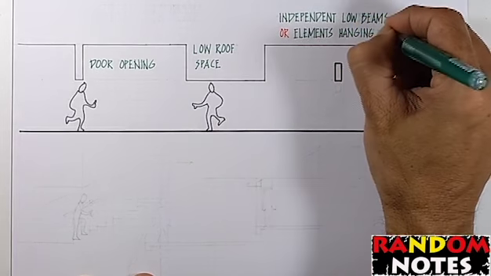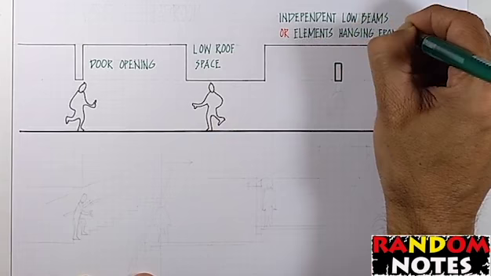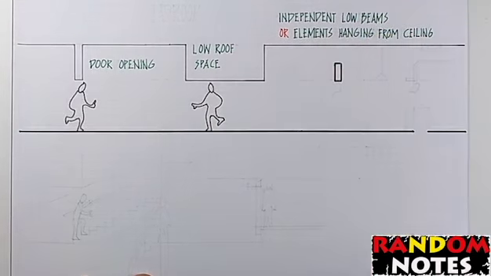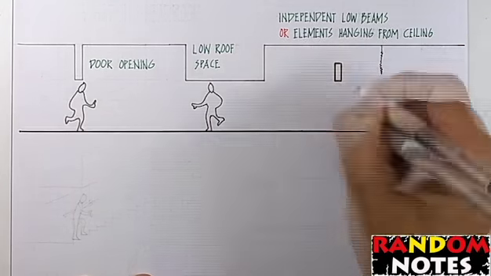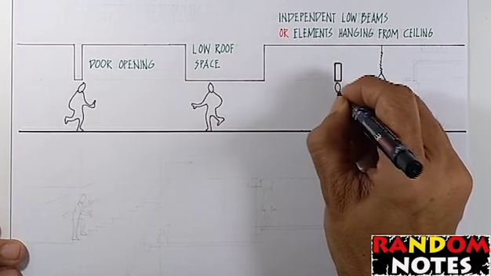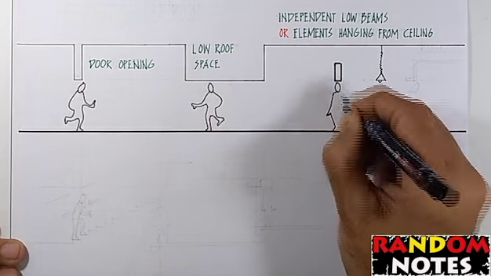In many spaces, you may find building elements below the ceiling level. These may be like an independent beam below the normal structure, or a fixture hanging from the ceiling. For example, a fan, a light, or a signboard. Proper headroom will be required here also.